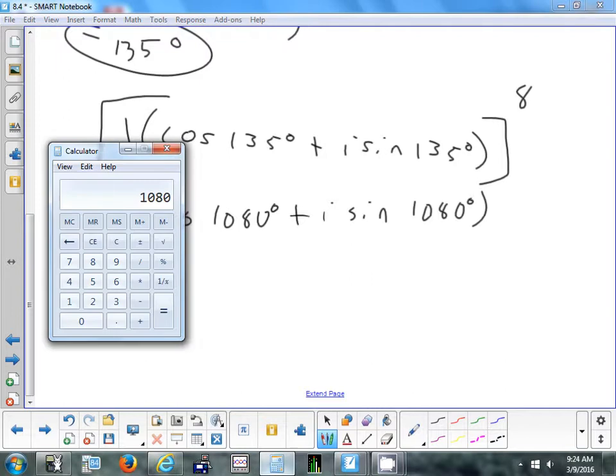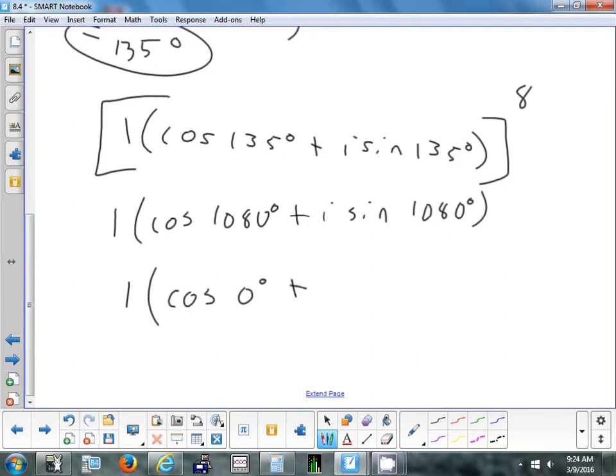You can minus 360 from that, and in general, I don't think you'd ever see an answer listed with an angle that big. They're going to minus 360 until the angle is between 0 and 360. So we might have to do it a couple times. Once, twice. Can I do it again? Oh. So really, 1080 is the same as 0 degrees.